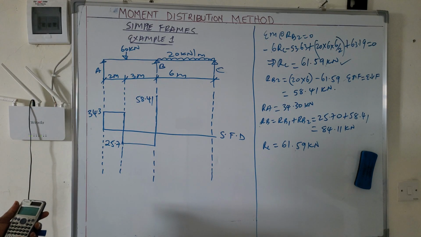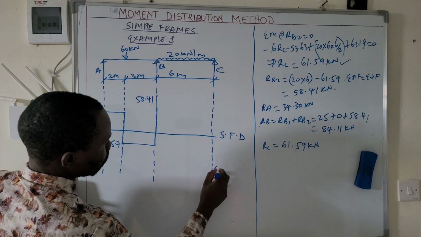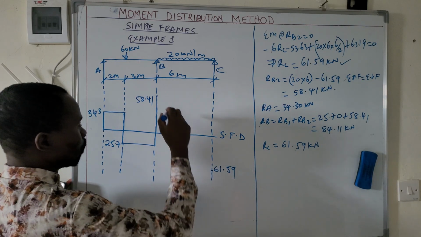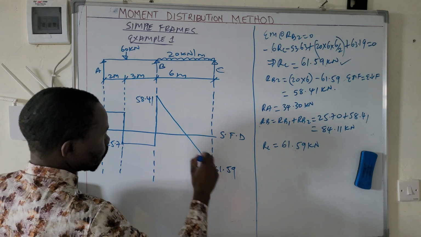And because this is a UDL, it will be a diagonal line. So 58.41 minus 20 times 6. That is negative 61.59. So 61.59 around there. So it will be a diagonal like that.